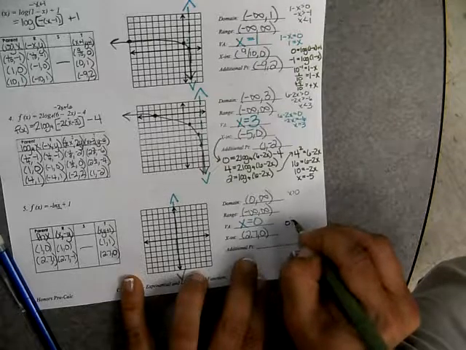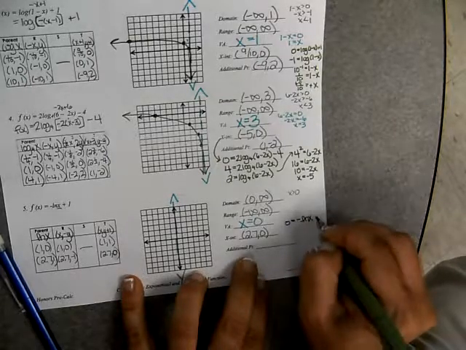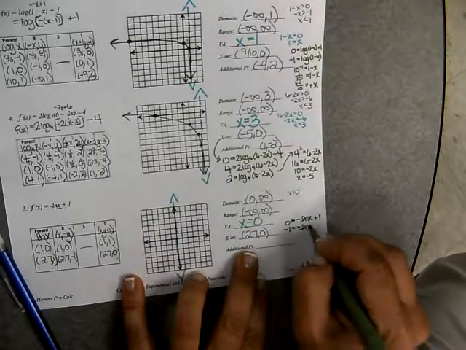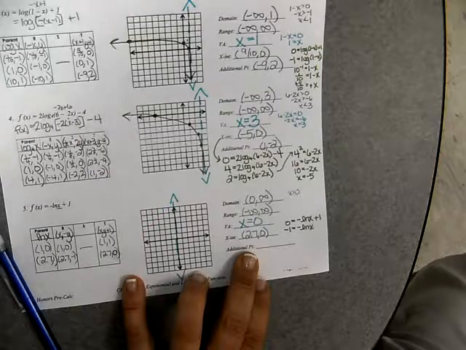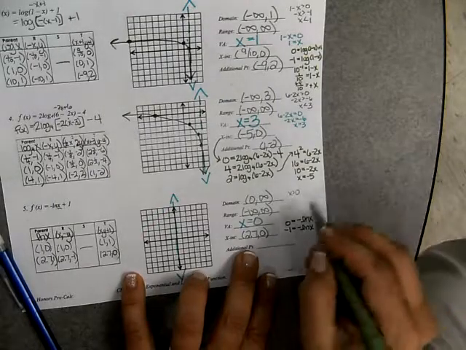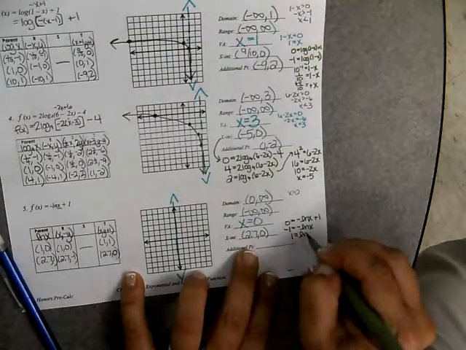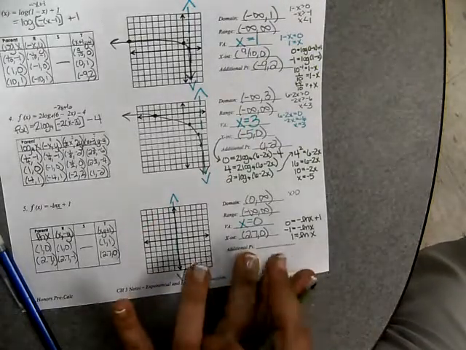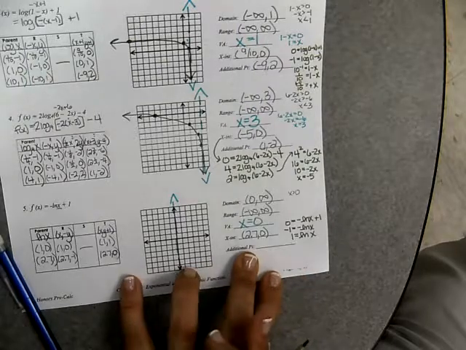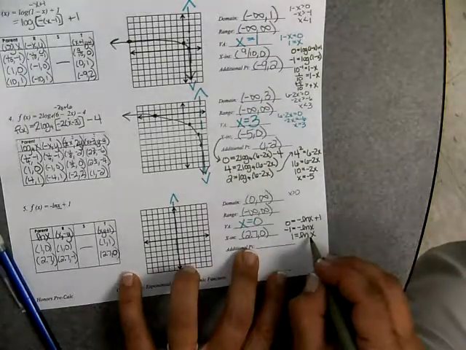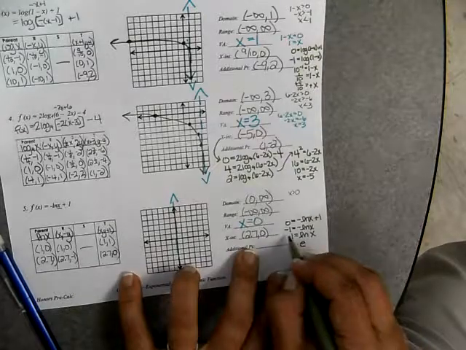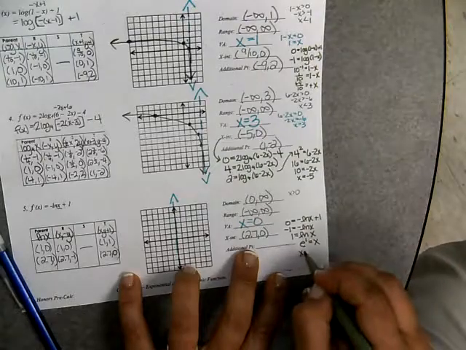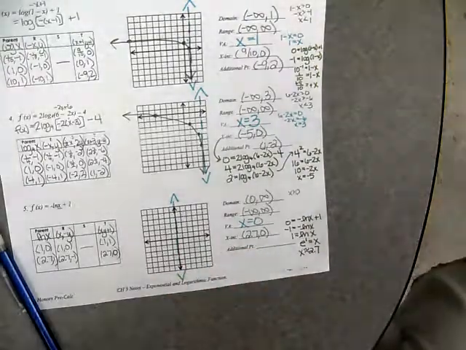You would say that 0 equals the opposite of the natural log of x, plus 1. You could subtract 1 to get negative 1 equals the opposite of the natural log of x. Divide by negative to get 1 equals the natural log of x. And essentially here we are saying our base is e, our exponent is 1, so e to the 1 equals x. Well, that means that x is e, so that's going to be about 2.7.